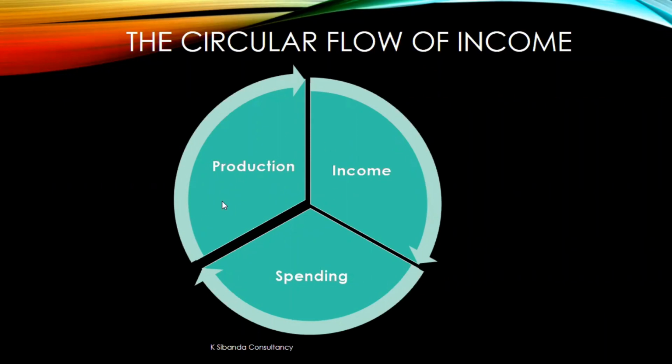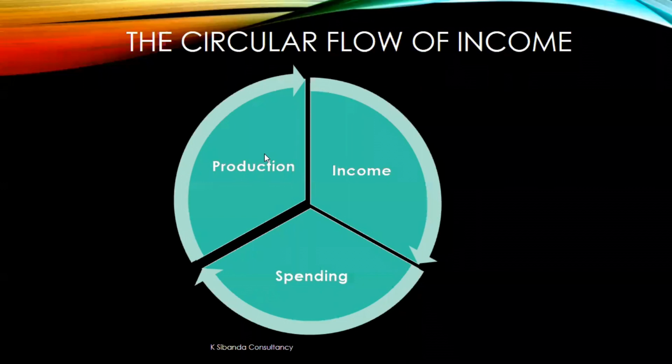Firms have to pay the owners of those factors of production, which becomes income for the owners. Now, the owners of the factors of production need this income for what? For them to be able to buy goods and services from the producers. So that is how it comes back.